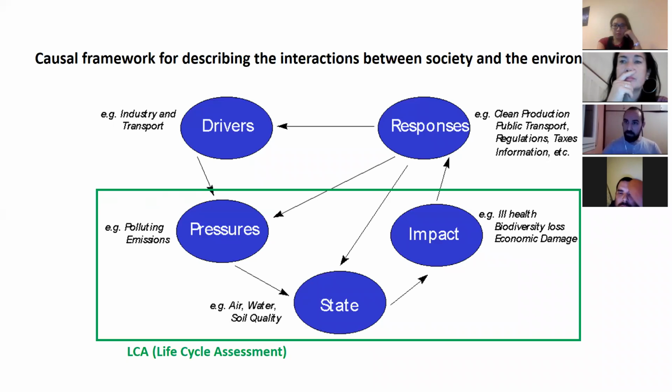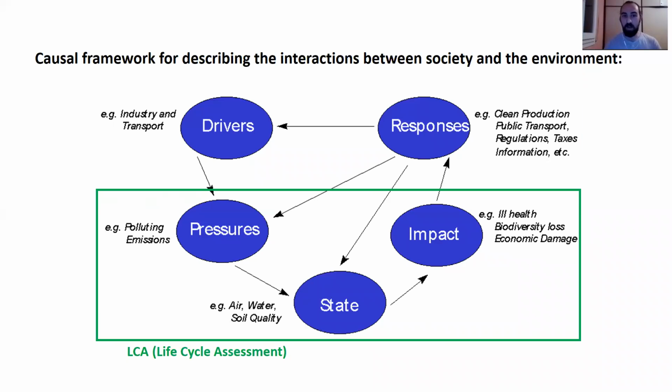For example, I go from A to B, right? I drive my car, I emit CO2, and the state is now there is CO2 in the atmosphere. That's the state of the environment, which is higher CO2 levels.